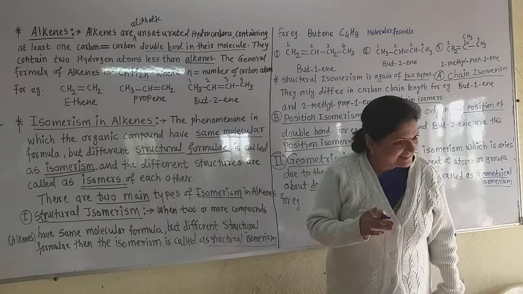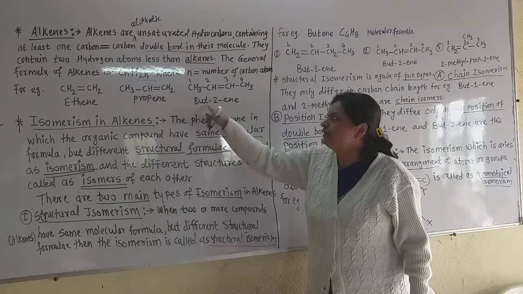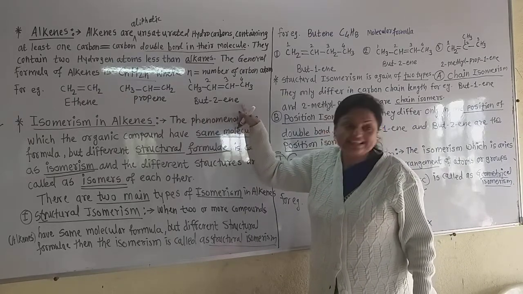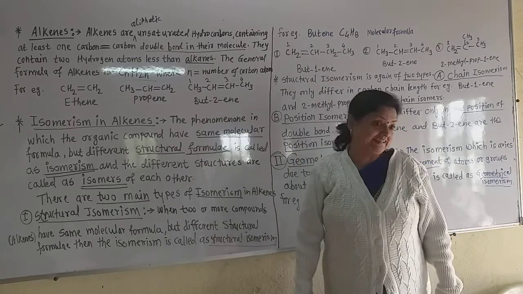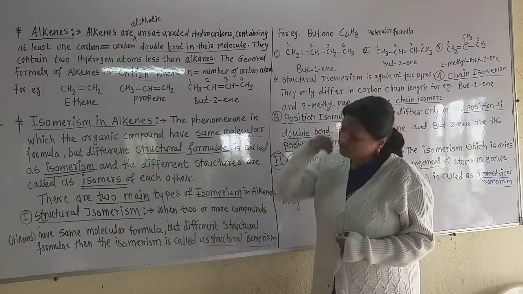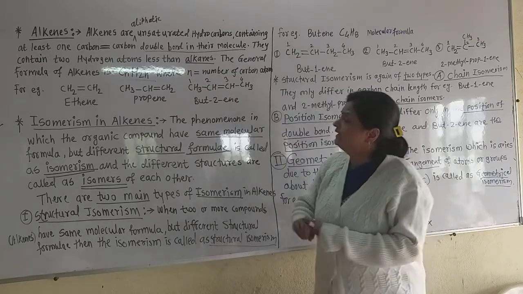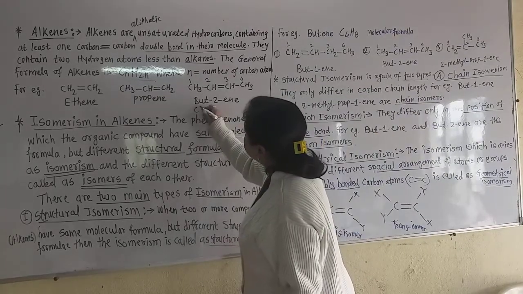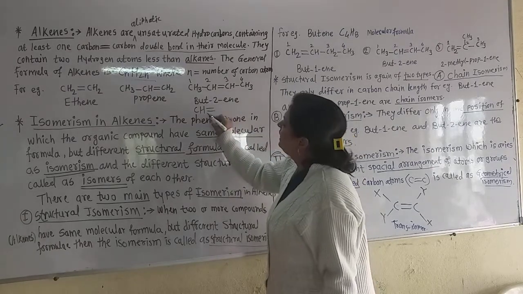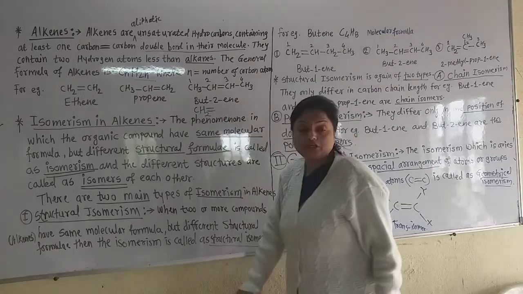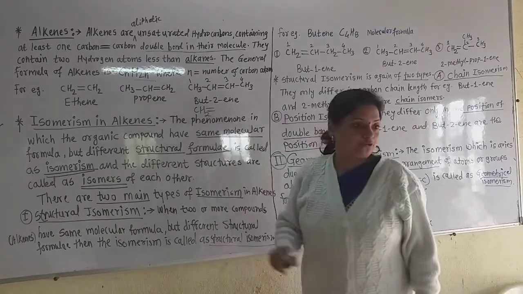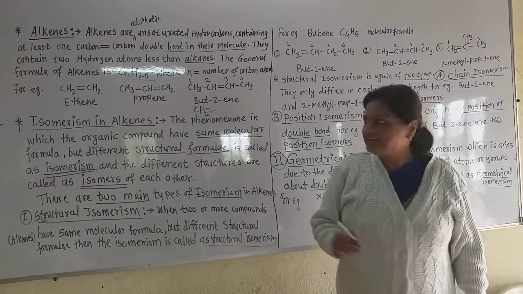But nowadays, they give the name as but, then write down the number of that carbon atom which has the double bond, and then the suffix ENE is to be written. There may be 1-butene also. Now see, if there is 1-butene, then the double bond is on the first carbon atom. Now why do I write here 2 hydrogens on the first carbon atom? Because this double bond and these 2 hydrogens satisfy the valency of carbon.